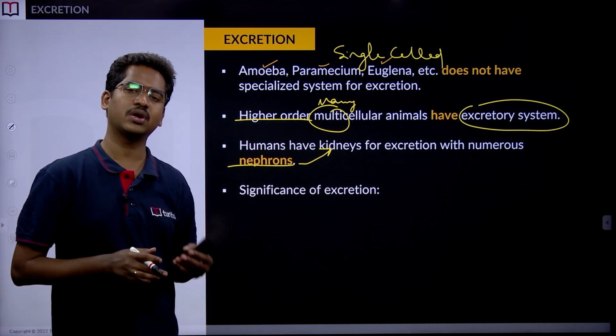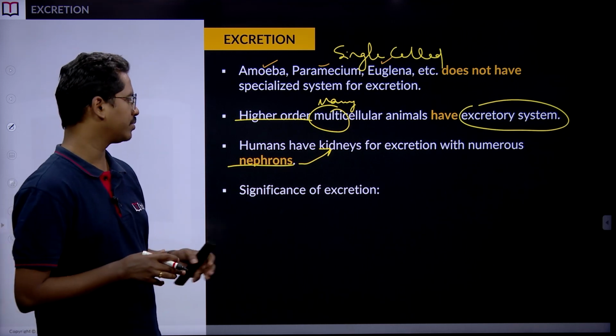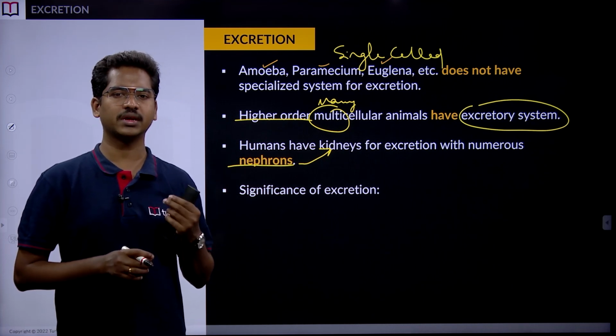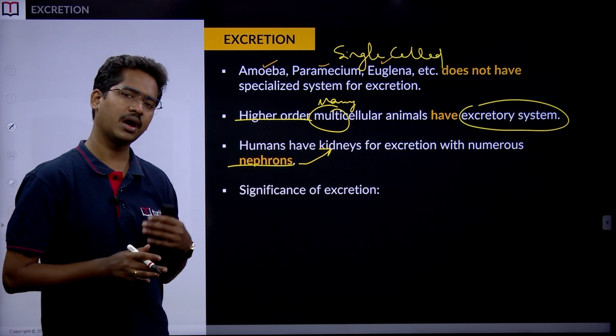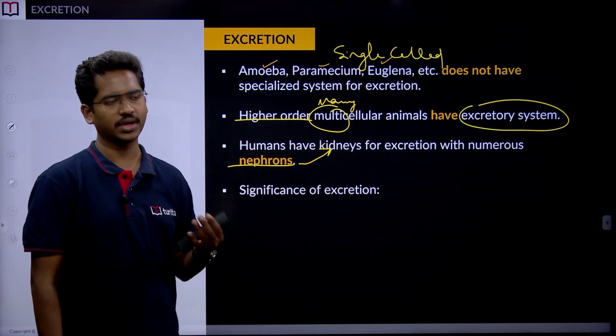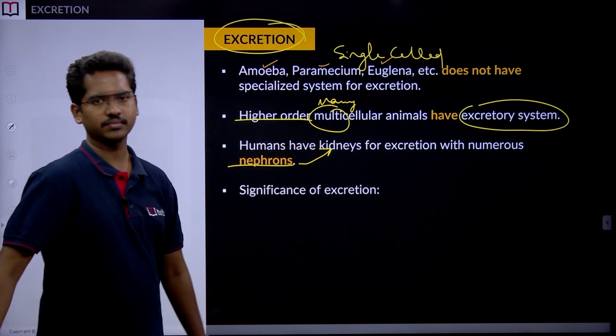That is defecation or egestion. But excretion is to do with the nephrons, which filter every ion and molecule, retain what is needed, and whatever is left is expelled out of the body. That is where we see excretion happening.